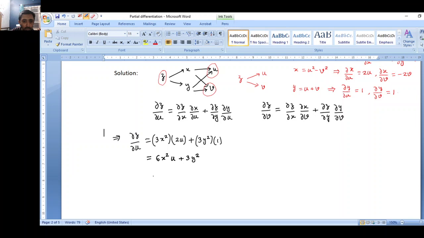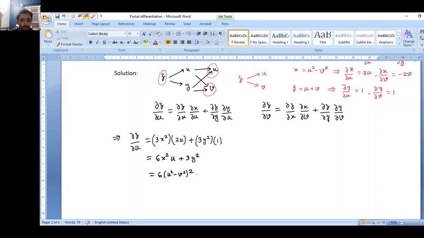But of course we should not be stopping here, because finally the variables have to be in terms of u and v. Everything, the right hand side, should be in terms of u and v. So we'll substitute for x and y here. So 6 into, as we know, x is u² minus v².